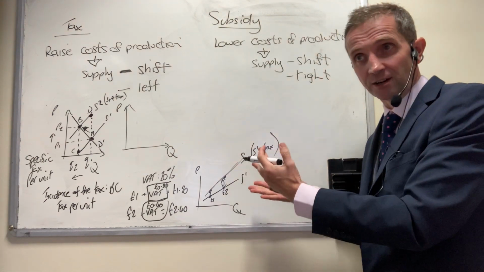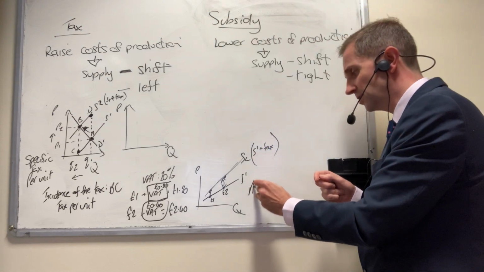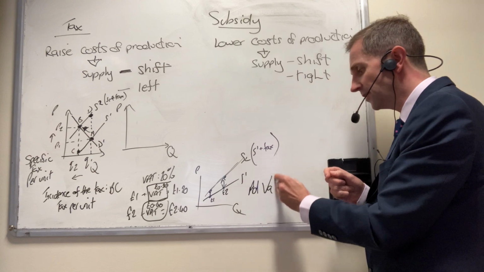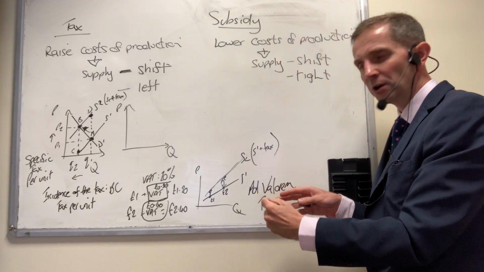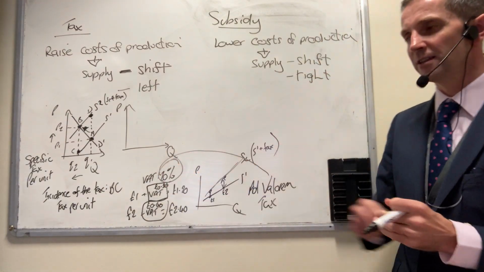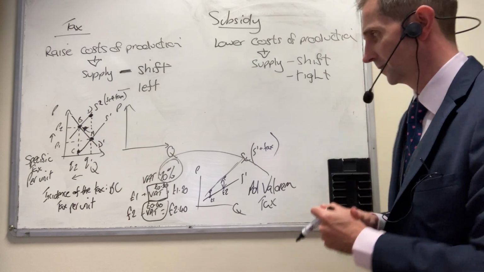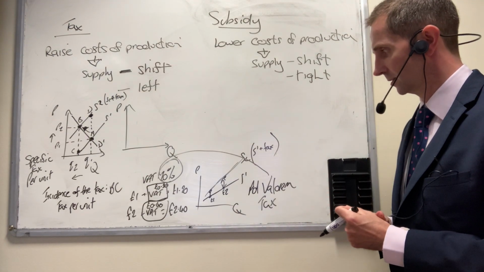So VAT is a tax on goods or a service. But this type, you might not have come across, is known as an ad valorem tax, where we're talking about a percentage each time, rather than a fixed amount per unit. Ad valorem tax.